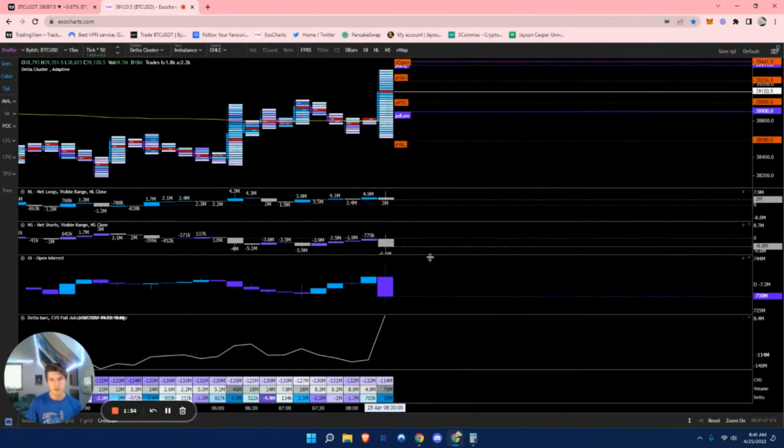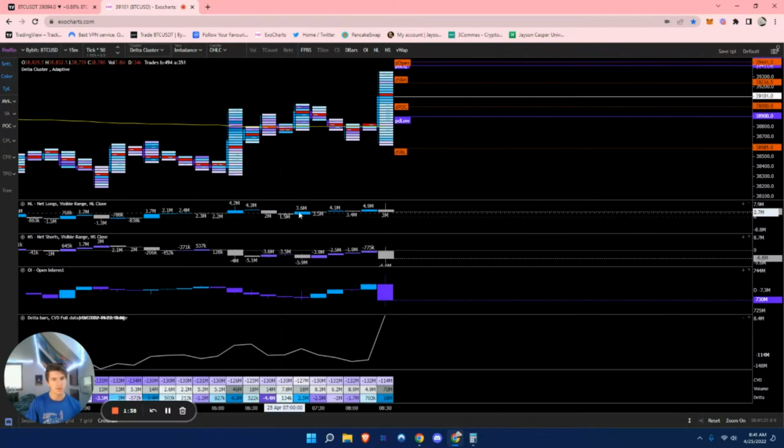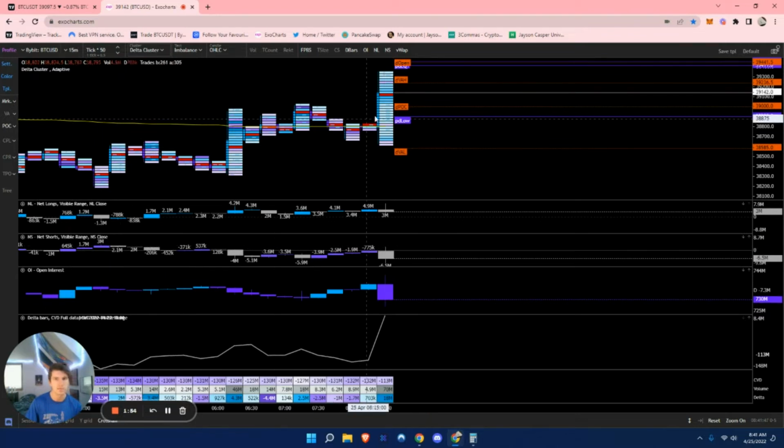And I'm just going to adjust my screen here. You can see on the top is net longs, where usually when it increases, longs are opening, and when it decreases, longs are closing. Likewise, net shorts will increase when they are opening and decrease when they are closing.